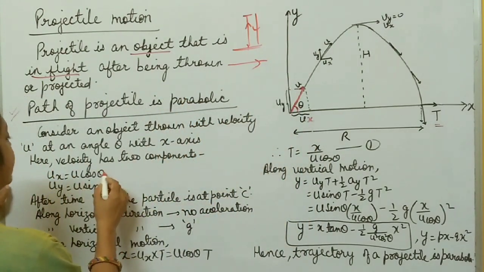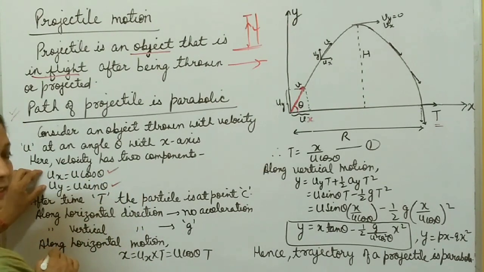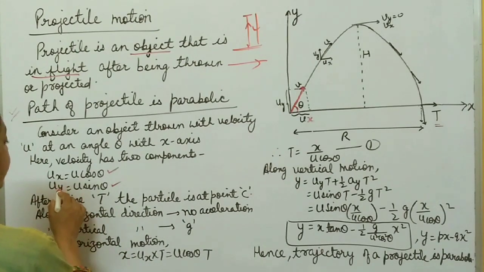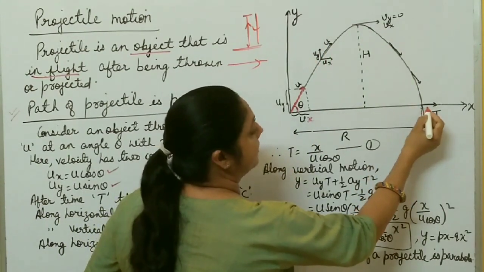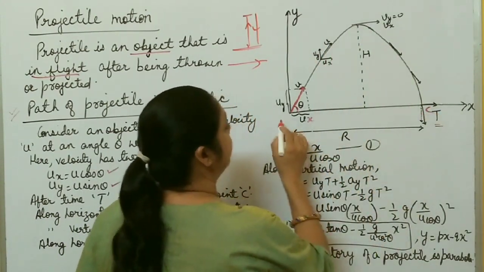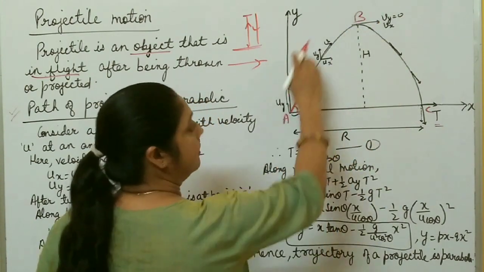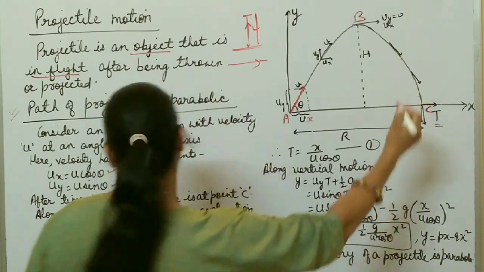So ux is u cos theta, and along the y-axis uy is u sin theta. Now after time t, the object is at this point. Suppose this point is C. This is A, this one is B. After total time t, the object reaches this point C.